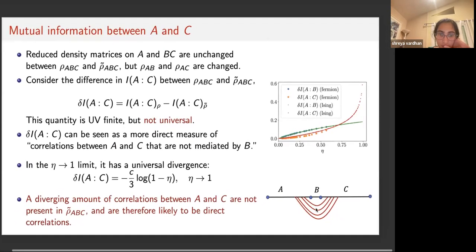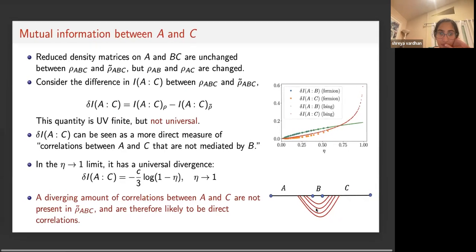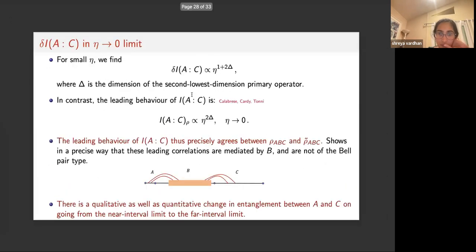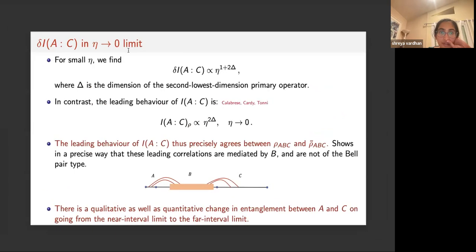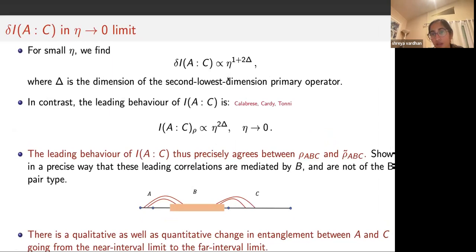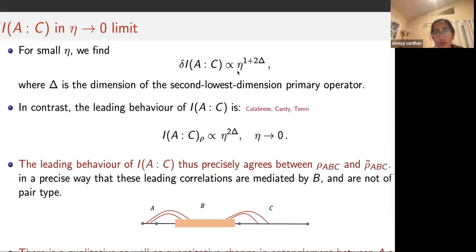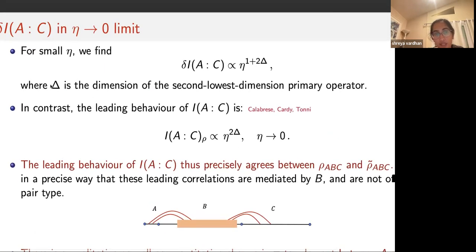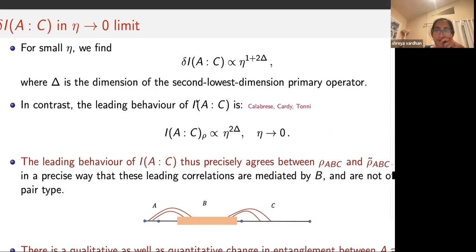We can also look at what happens in the other OPE limit. Now if we consider the case where A and C are very far from each other, then we find that this mutual information difference looks like eta to the power of 1 plus 2 delta, where delta is the dimension of the lowest dimension primary operator after the identity. This is interesting because the leading behavior of the mutual information in this limit is just eta to the 2 delta.